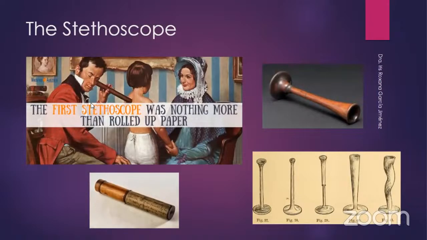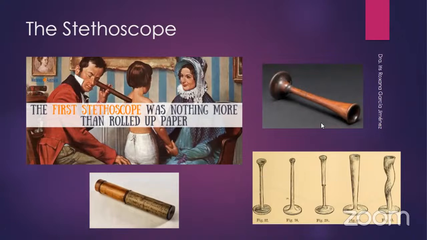When he developed this device, of course, as a doctor, he had to hear lungs. And for not placing the ear on the chest of a lady without clothes, as this kid is, he decided to prepare this device, just a wooden tube. This tube amplifies the sound, and through the time this device was changing.